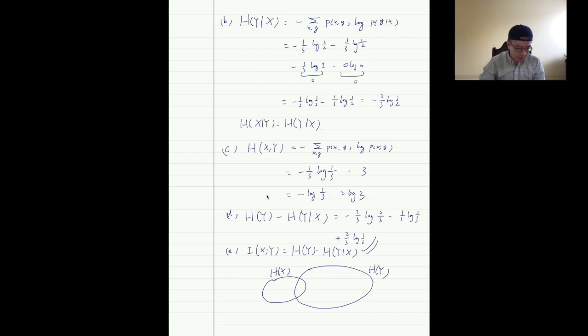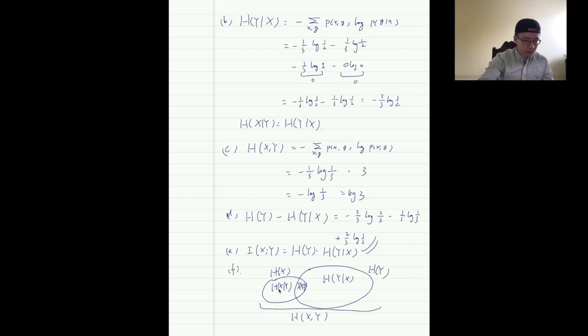This part is hy given x, and this part is hx given y, and the middle part is mutual information between x and y. And then the whole thing is the joint entropy h, x, and y. Okay, so that's a Venn diagram to represent all the information. So that's part F. Okay, so that will be the solution for this question.